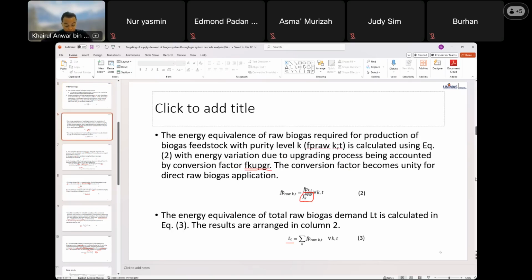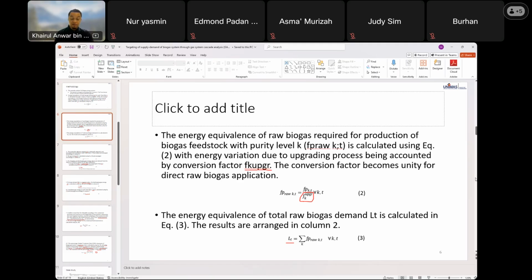The energy equivalent of raw biogas required. Operation of biogas system at purity level K, FP rho, is calculated using equation 2. With energy variation due to the upgrading process being accounted by conversion factor F upgrade, the conversion factor becomes unity for direct raw biogas application.